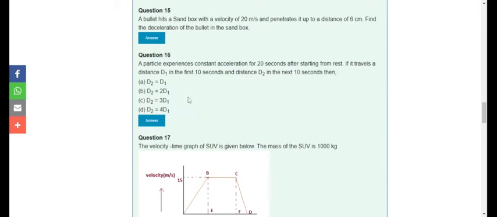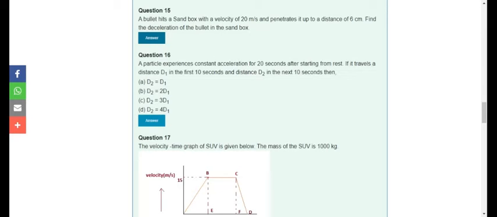Now you try to solve question number 15 and question number 16. A bullet hits a sandbox with a velocity of 20 meters per second and penetrates it up to a distance of 6 centimeters. Find the deceleration of the bullet.